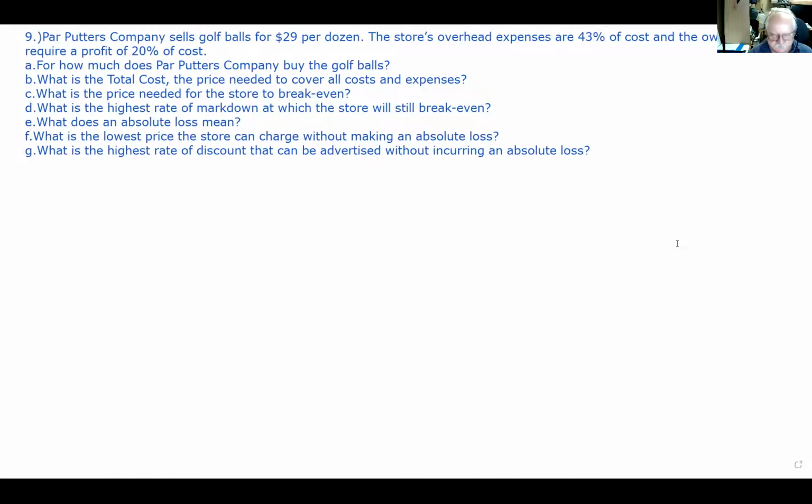So they're going to introduce some other concepts here in this question. Let's first off take a look at these concepts. They're introducing to us here the concept of the break-even price. So let's talk about that for a minute.